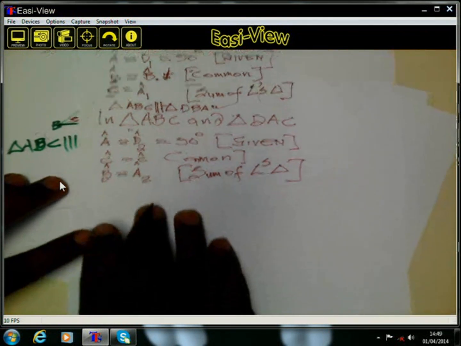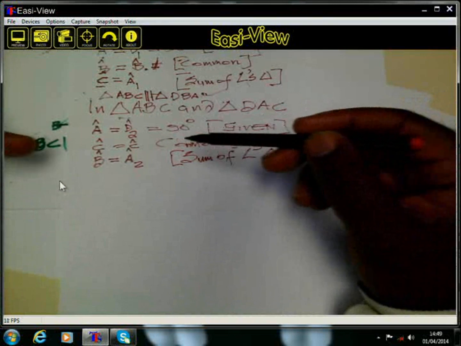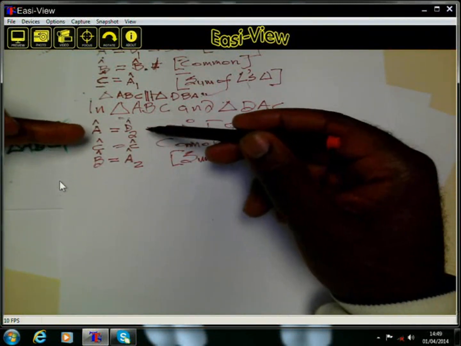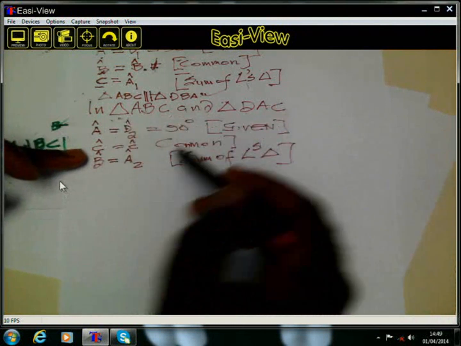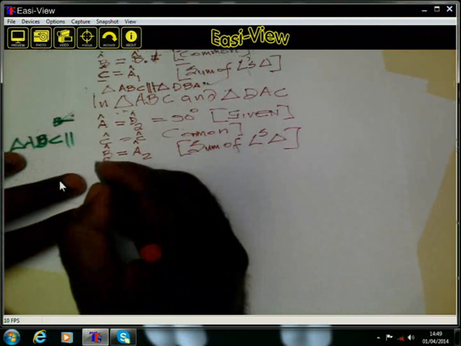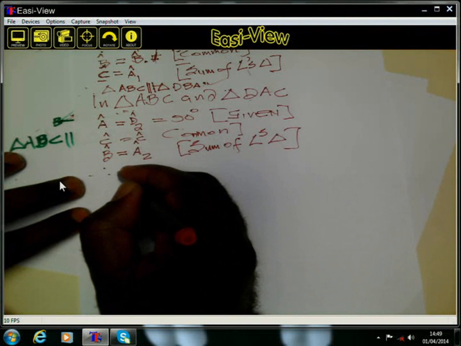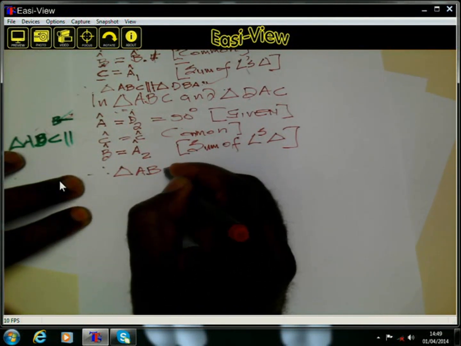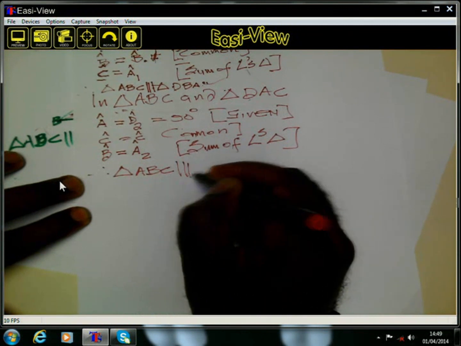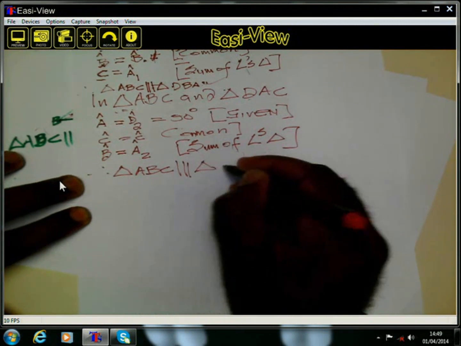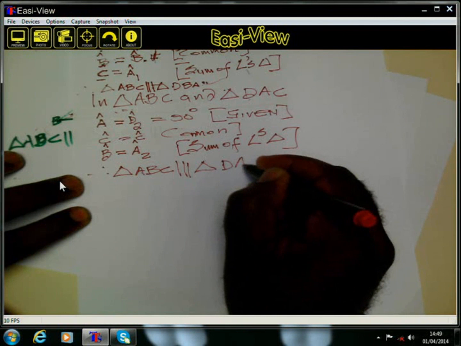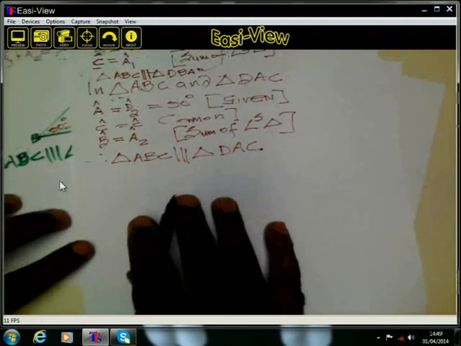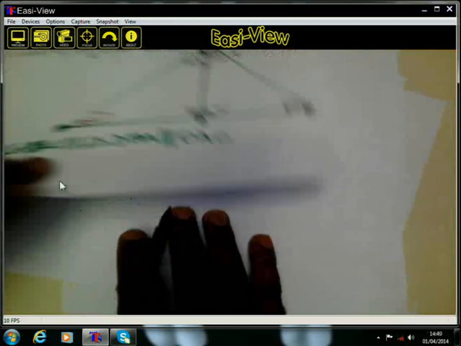Now, in essence, good people, we have proven that three pairs of angles from each of the triangles mentioned here are equal. So we can conclude that triangle ABC is also similar to triangle DAC. Remember, we were supposed to prove this.